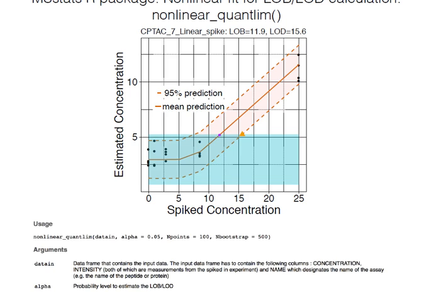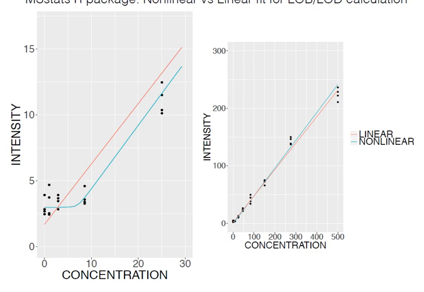This is the output of the function, so the value of the LOB and LOD, and then also the fit. This is just a comparison of what happens for the peptide that I just showed between the linear and nonlinear method. You really see that with the linear method, you'll tend to underestimate the value of the LOB and LOD just because of the basic geometry of the fit.